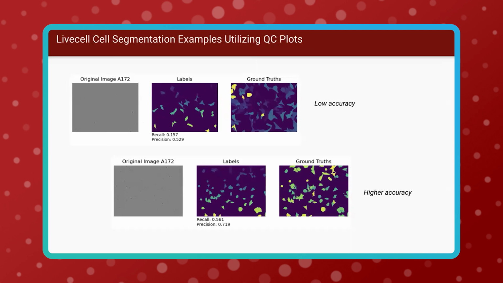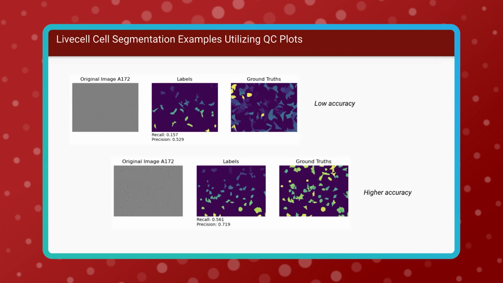Here we also have some similar plots for the LiveCell dataset. You can see on the top is the lower accuracy and on the bottom is the higher accuracy. You can see also that the original images are quite poor quality, as we mentioned before, where the cells are not very visible, and not clearly defined. So it's possible that our model had trouble picking up on those specific areas because of the lack of contrast between the background and the cell itself.